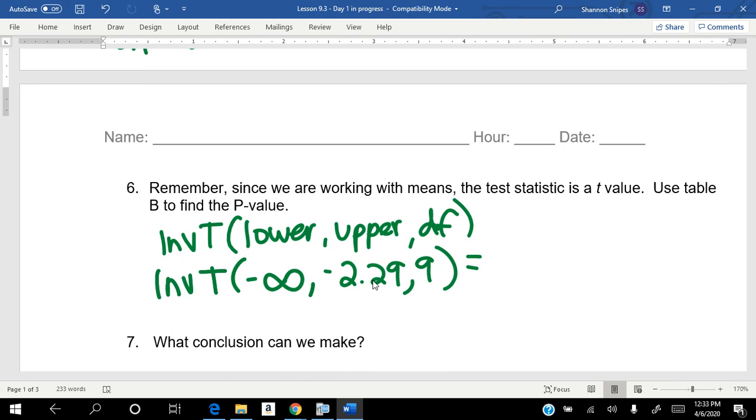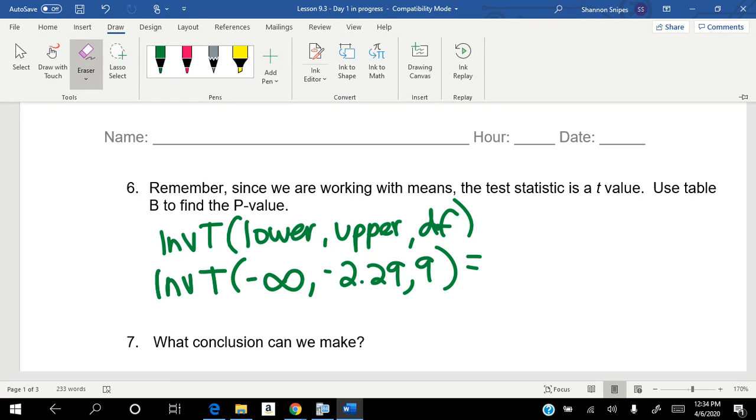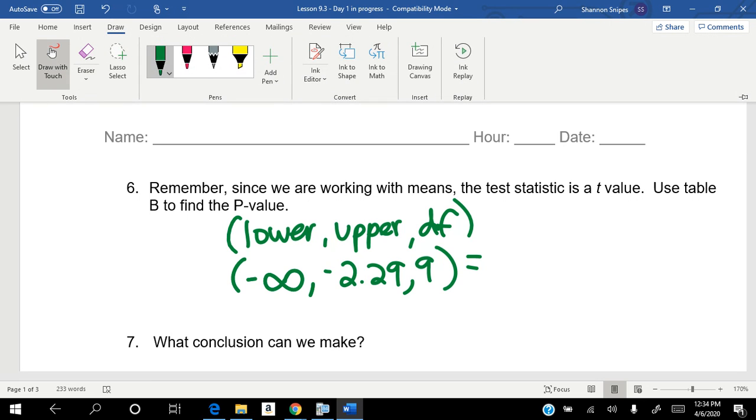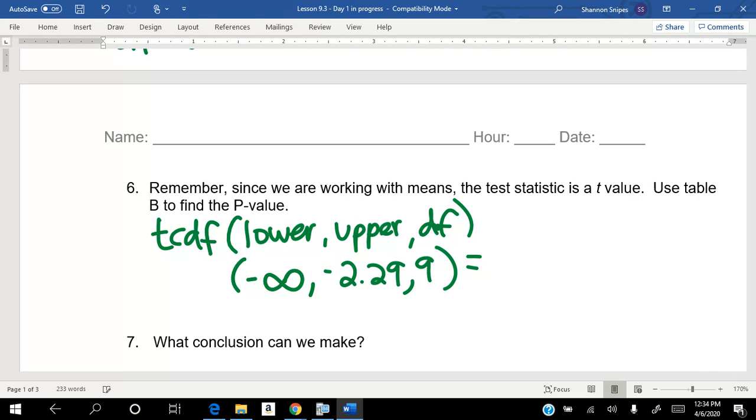All right, second bars, inverse t. Why am I doing inverse t? Nope, I should be doing TCDF. Okay, let me erase this. I had the right parentheses, but it's not inverse t. You use inverse t when you're finding t star, but we're not finding t star. So we're doing TCDF.